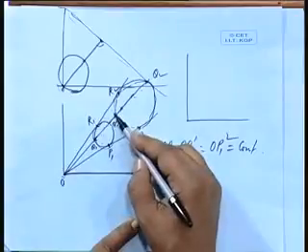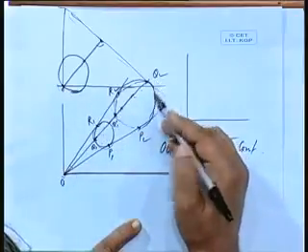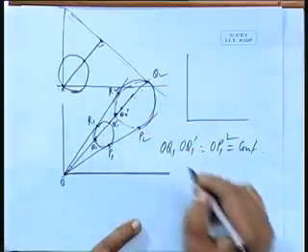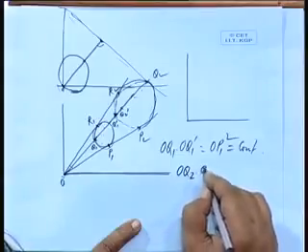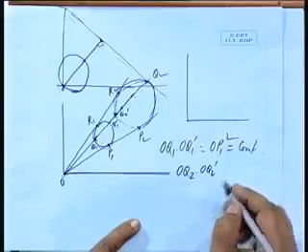Similarly, OQ2 into OQ2 dashed, what will it be?